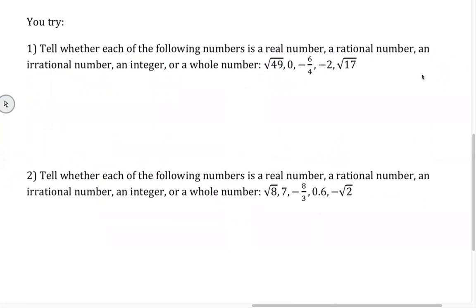Tell whether each of the following numbers is real, a rational number, an irrational number, an integer, or a whole number. So this is how we're going to do it. Square root of 49, 0, -6/4, -2, and the square root of 17.